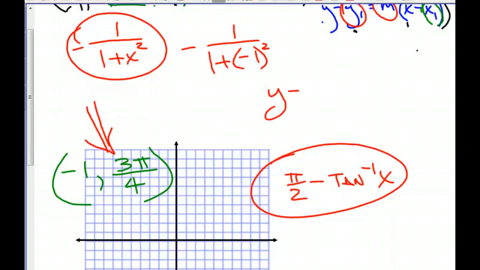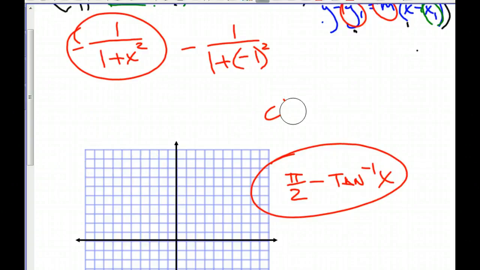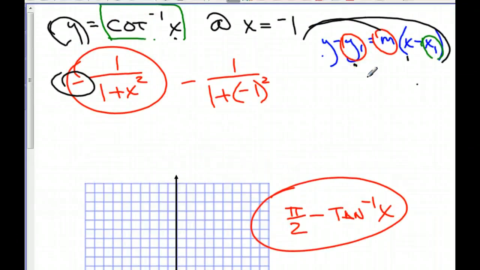Okay, so let's make some room here. The question has been raised, where does this negative sign come from? Well, in order to find the equation of the line tangent to the graph here, we're going to take the derivative, and that will give us the equation of the line to that graph.